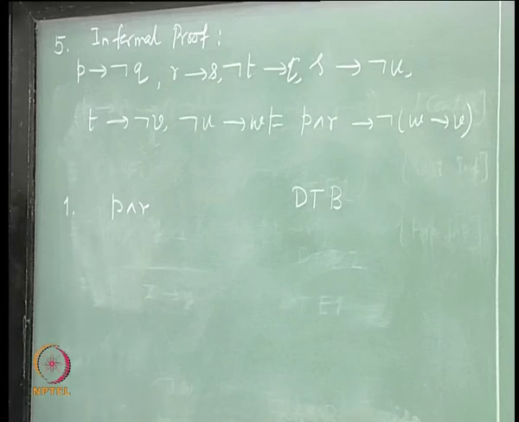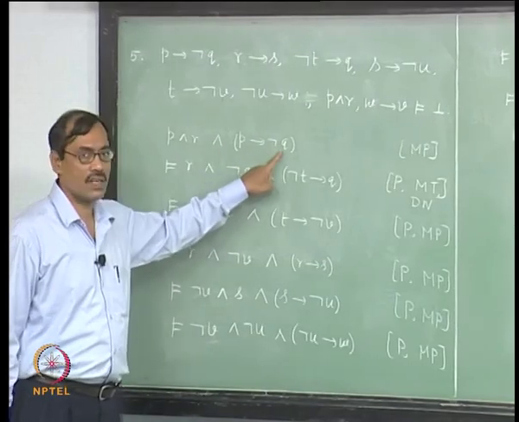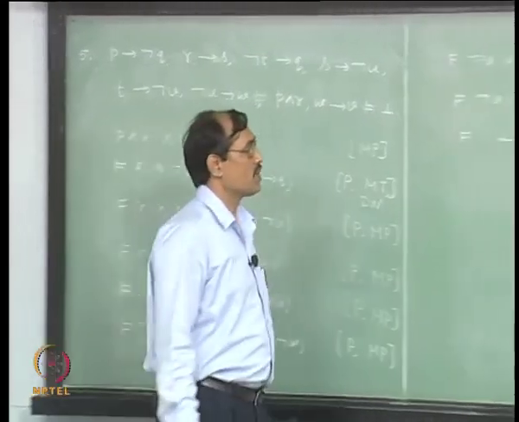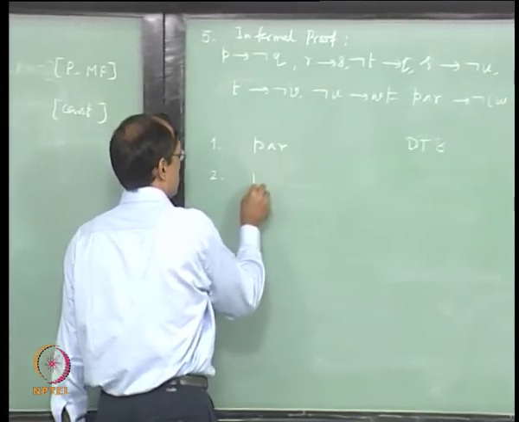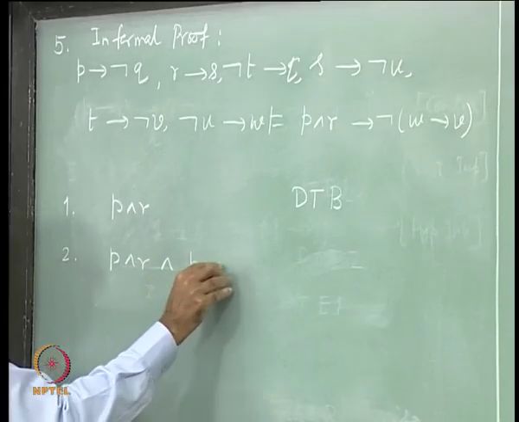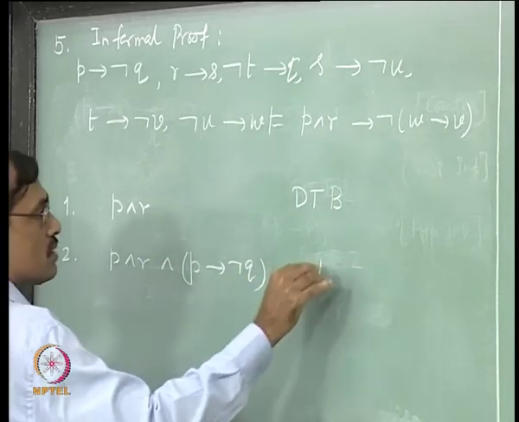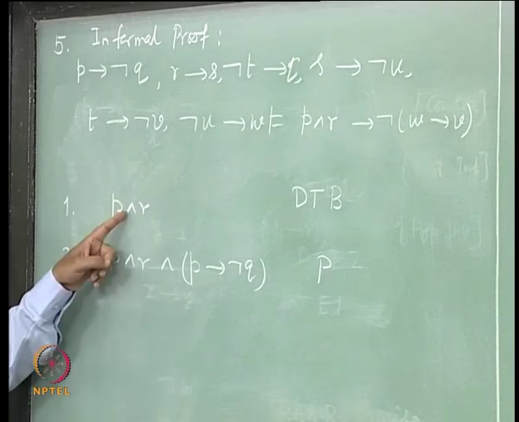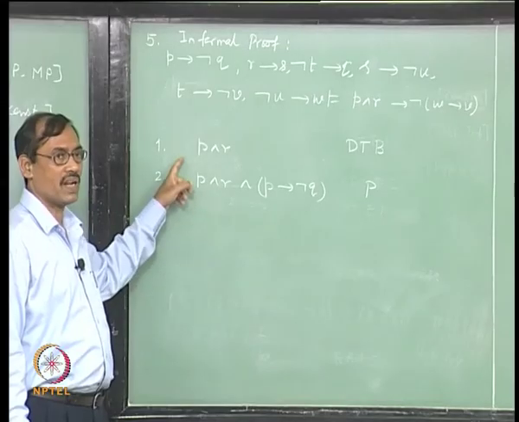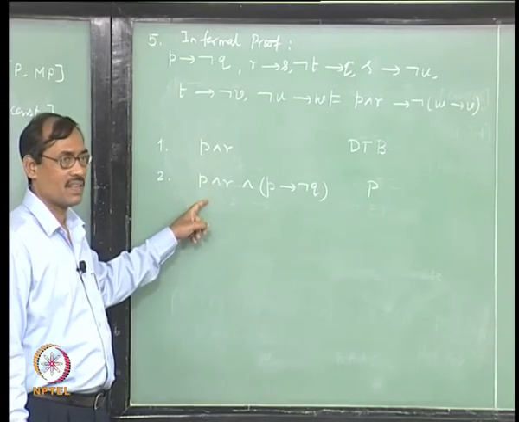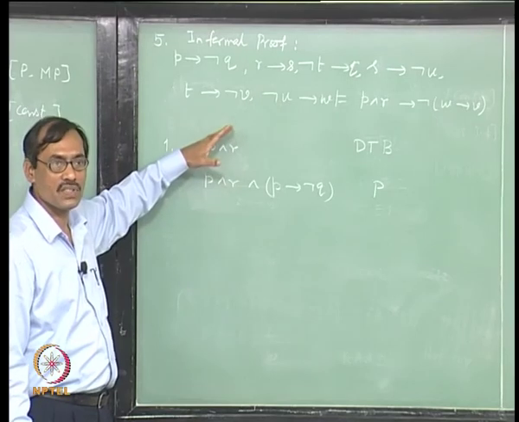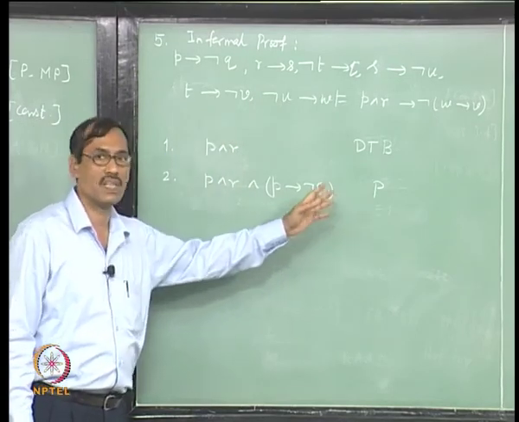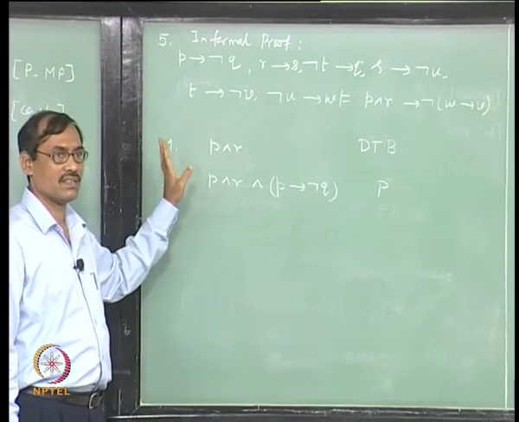The second line, from P and R, uses P implies not Q as a premise, so we can add it again, with justification that it is a premise. Or there is another version: you already have P and R, so why write it? Earlier we wrote it because of entailment equivalence; since it is already there as a premise, we simply add P implies not Q, say that it is a premise, then use both the lines.